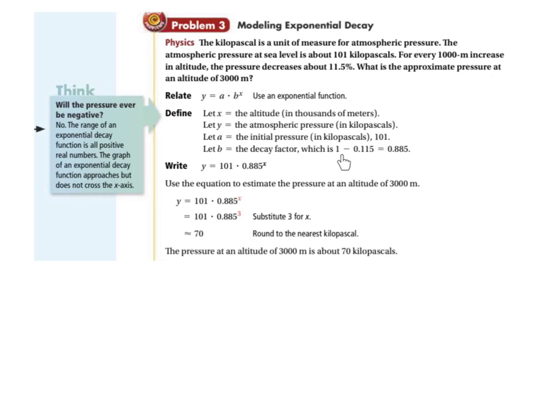Trying to help you out, make sure you catch every part of this. So there's our formula. Plug everything in. We use the equation to estimate an altitude of 3,000 meters. So we plug our 3 in for X and calculate and get about 70. So 0.885 to the third power times 101 is about 70 kilopascals at 3,000 meters of height.